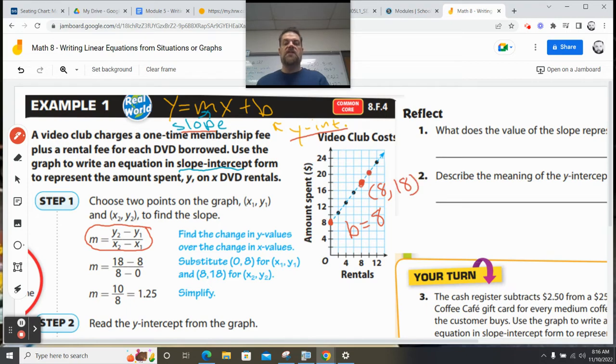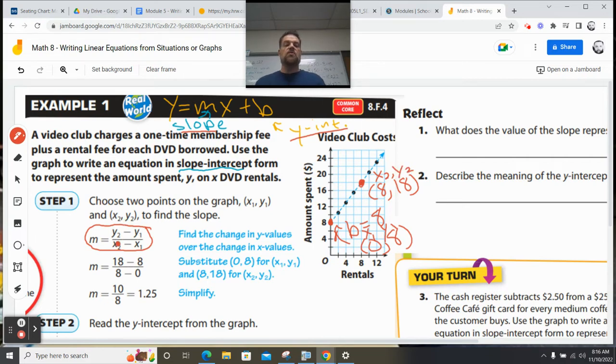And the other point they picked was (0, 8), the y-intercept, which occurs when x equals 0 and y equals 8. So they labeled this x sub 1, y sub 1. Be sure to write this down in your textbooks. Okay. And this is x sub 2, y sub 2.